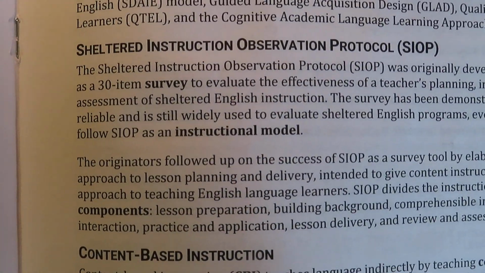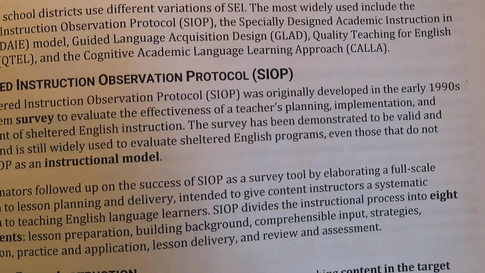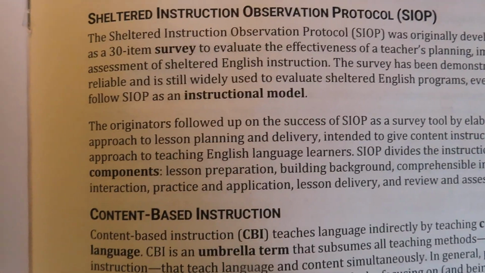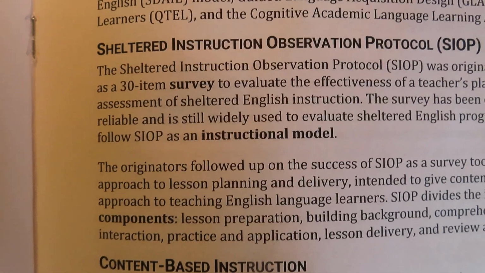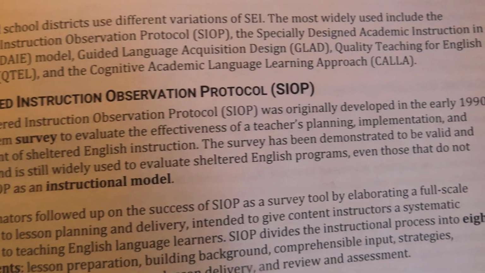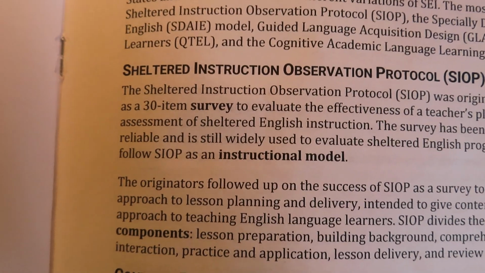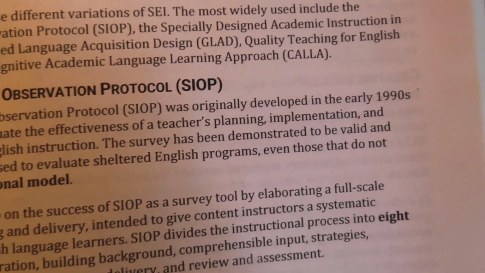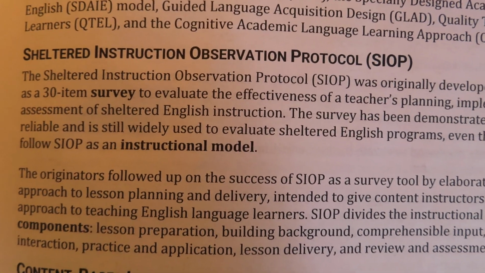But yeah, they have a description here of Sheltered Instruction Observation Protocol, which I believe is pronounced SIOP. And this is as good an introduction as any to the subject, so why don't we just go through this. The Sheltered Instruction Observation Protocol was originally developed in the early 1990s as a 30-minute survey to evaluate the effectiveness of teachers' planning and implementation and assessment of sheltered English instruction.